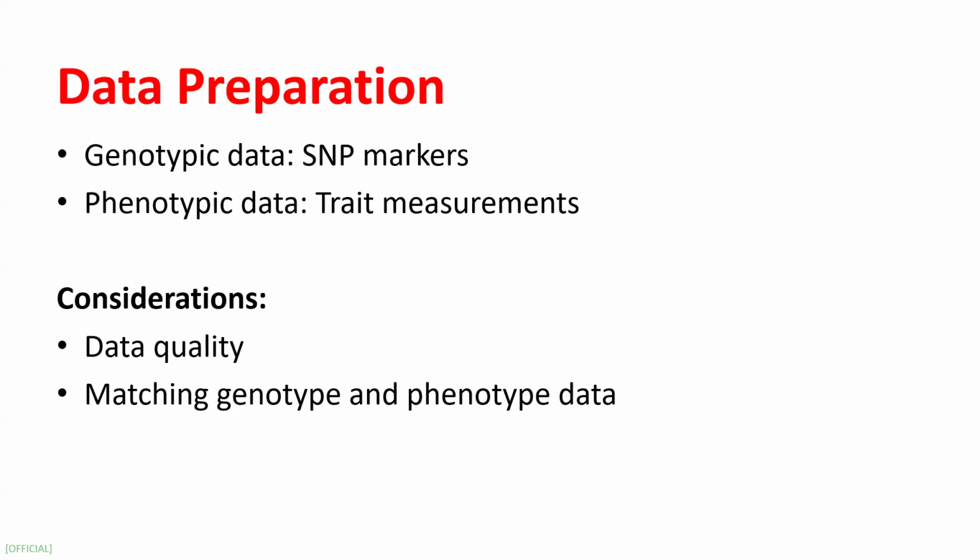Now we're talking about data preparation. If we have raw data, for example, you have an experiment that is set out, and then you collect data depending on how the experiment is set. We have different designs. We have our randomized complete design. We have alpha design and the likes.